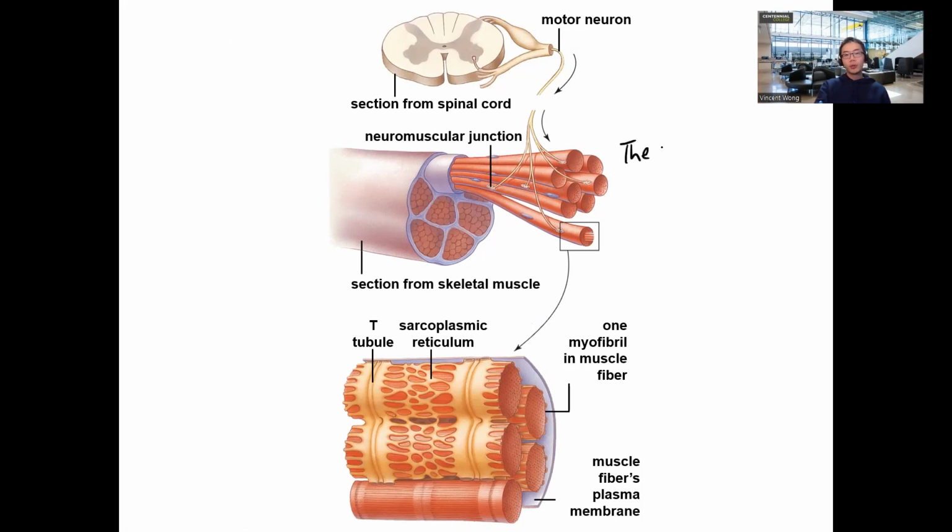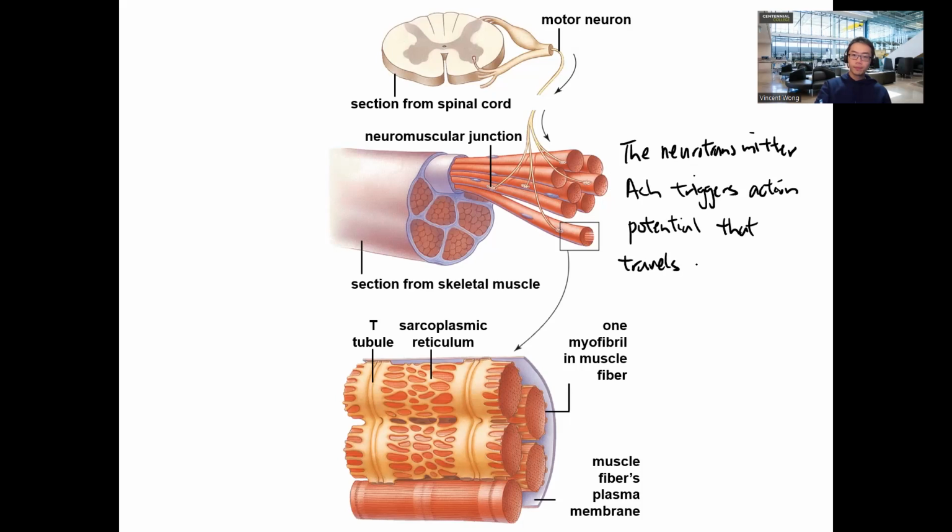So the neurotransmitter ACh triggers an action potential that travels down the T tubules.